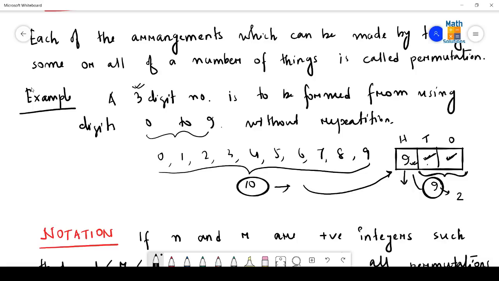In terms of permutation, out of 9 options I have to take 2, so it can be written as P(9, 2), and that's the way these things can be represented in terms of permutation. I hope all of you have understood.